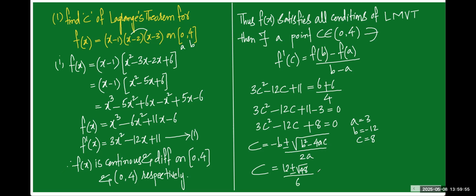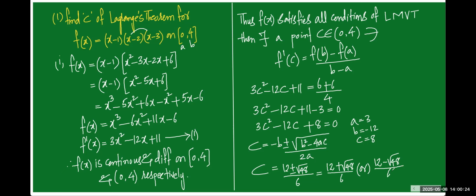Now this value will be solved in two cases. 12 plus root 48 by 6 is one value of C, or another possible value of C will be 12 minus root 48 by 6.